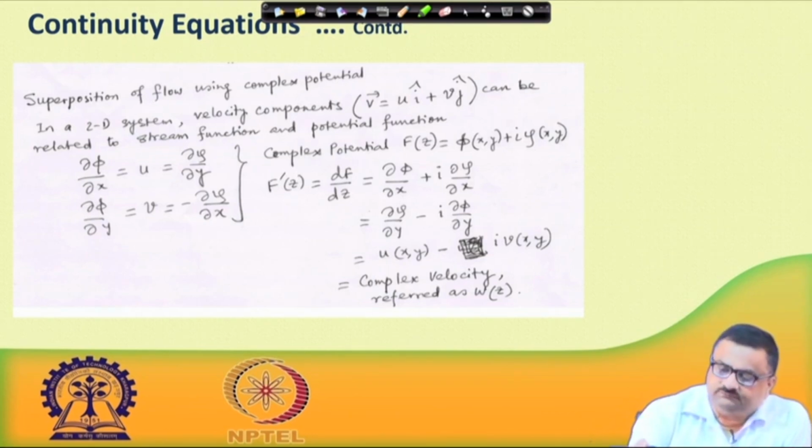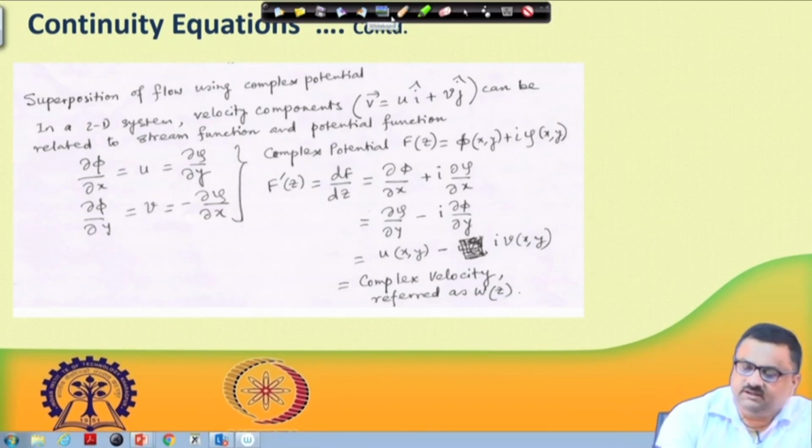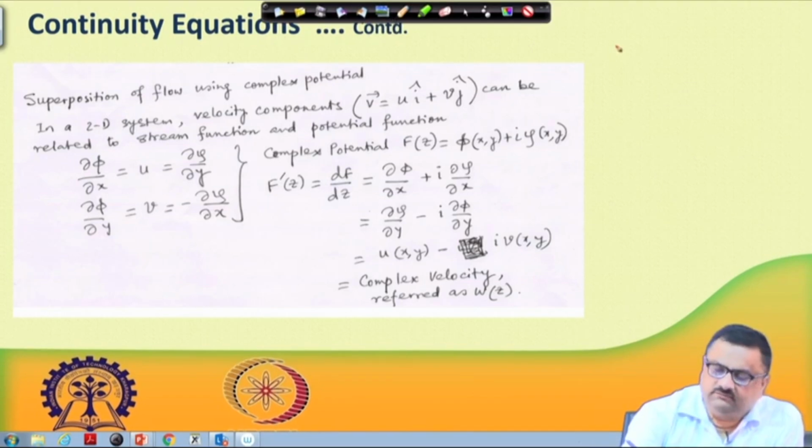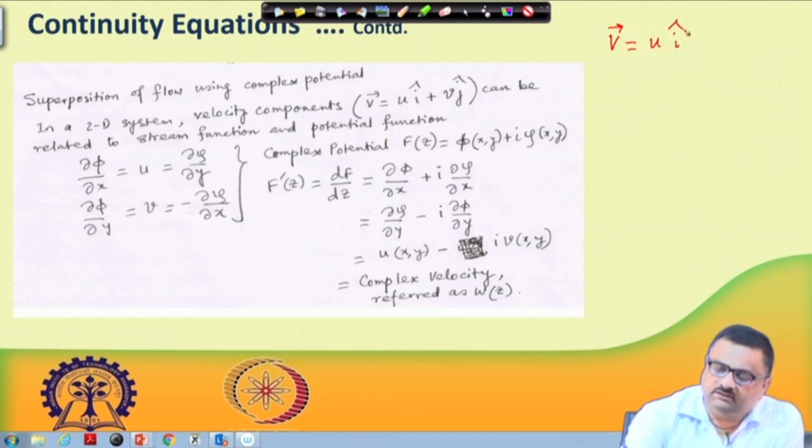First of all, the definition of stream function is something like this. We have already talked about a velocity field, right? The velocity field is u i hat plus v j hat.